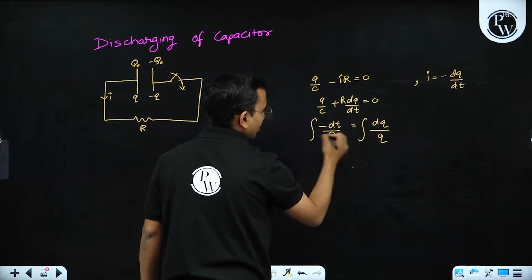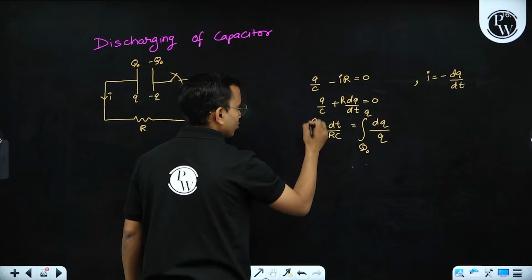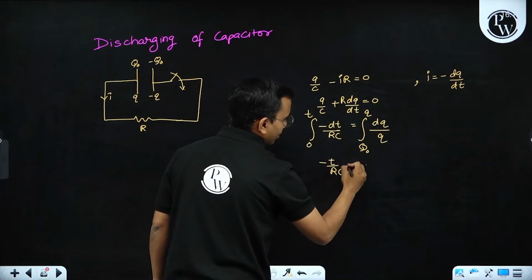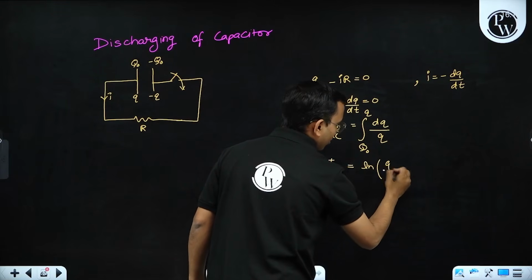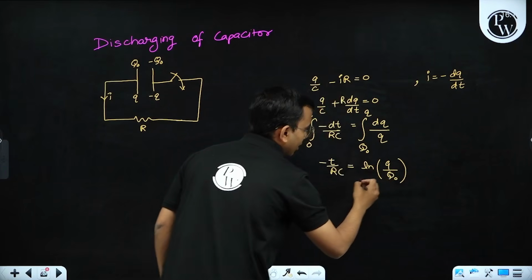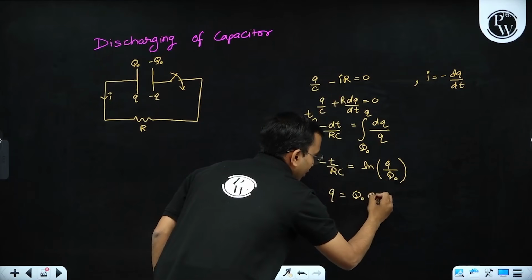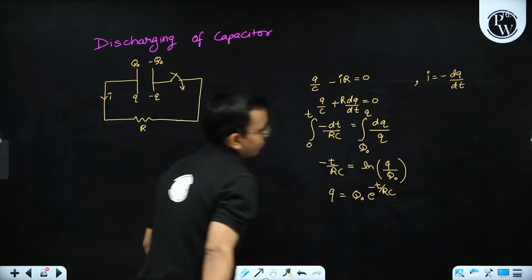Integrating, the initial charge was Q naught and some charge is Q now, with time going from 0 to t. RC is constant, so we get minus t by RC equals ln of Q by Q naught. So basically Q is equal to Q naught into e to the power minus t by RC, which is tau.